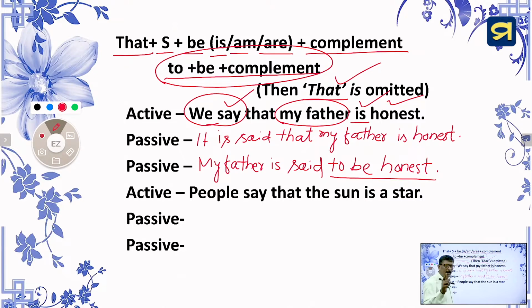We will discuss another question. People say that the sun is a star. Simply we will change the voice of the sentence. It is said that the sun is a star.